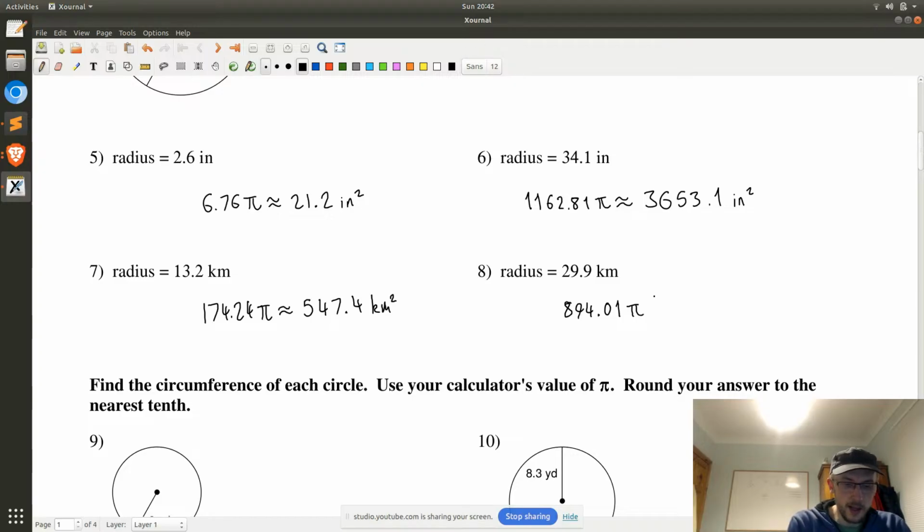Okay, so let's try it. 2808.6 square kilometers.